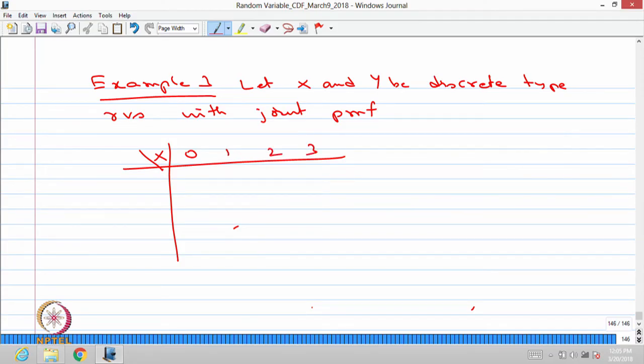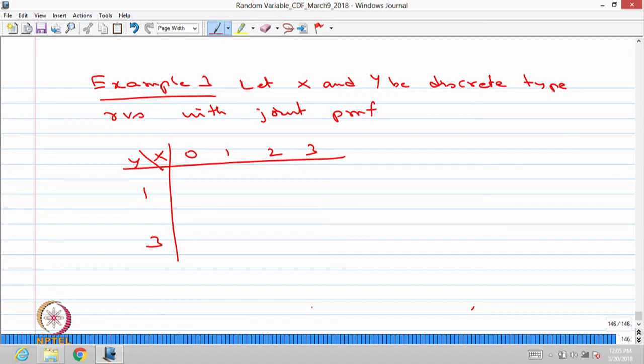The possible values of x are 0, 1, 2, 3 and the possible values of y are 1 and 3, where x denotes the number of heads obtained when tossing an unbiased coin 3 times, and y is the absolute difference between the number of heads and the number of tails obtained.